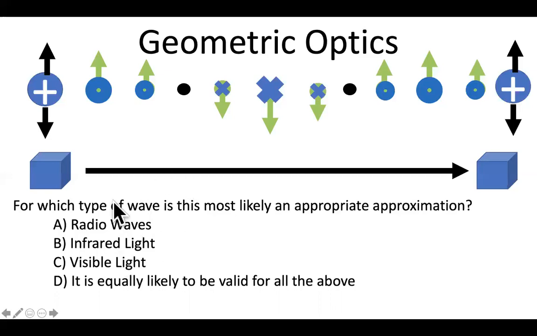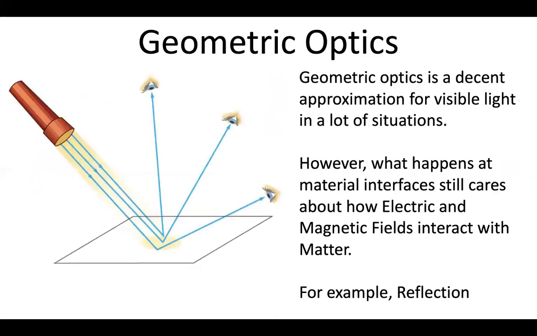For radio waves, often the wavelength matters, and this is often a less good approximation in most practical cases. Infrared is kind of in between, depending on which type of infrared you're talking about. So this is going to be a place where we're going to talk more about light than, say, radio waves. Okay.